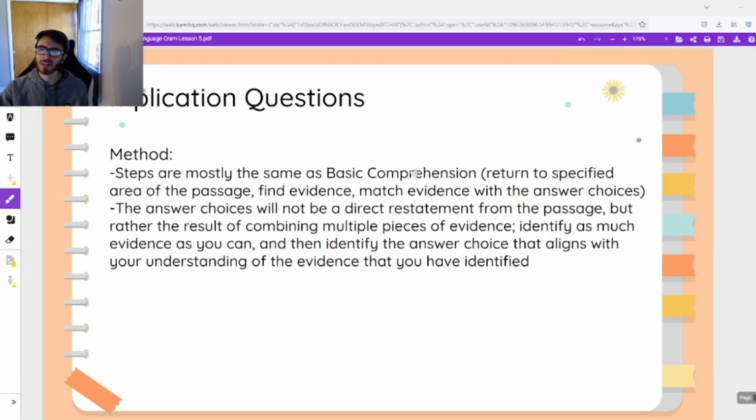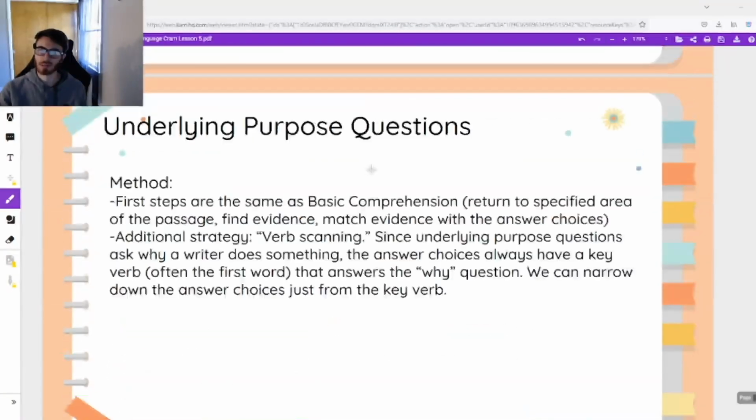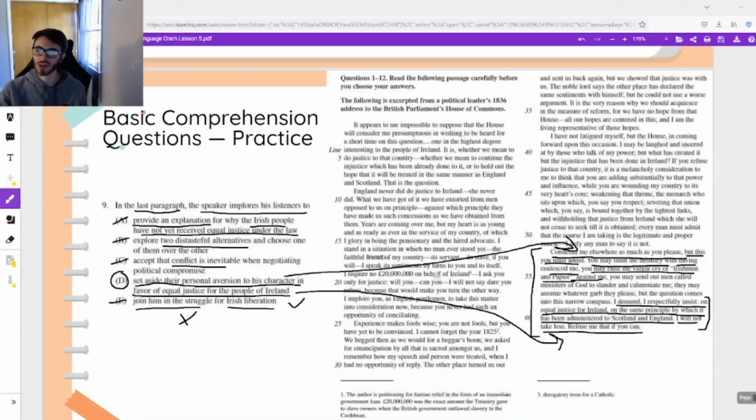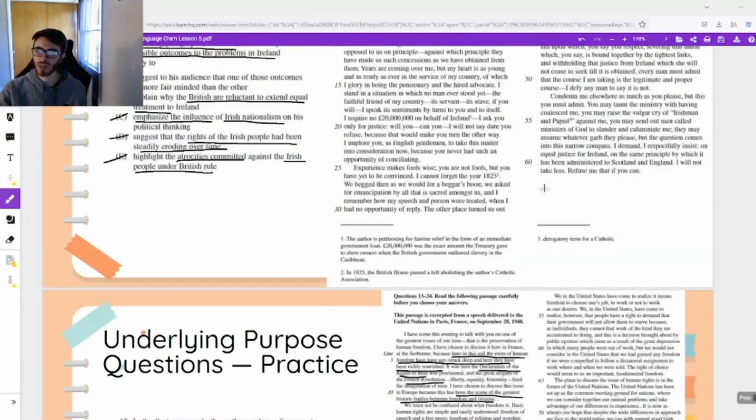Again, our steps for solving these are mostly the same as basic comprehension, right? Return to the passage, find evidence, match the evidence. But the difference here is that the answer choices won't be a direct restatement from the passage, right? We talked about way back here how it's just directly rephrasing what the passage says for basic comprehension a lot of the time.